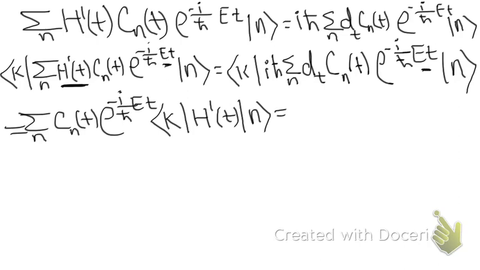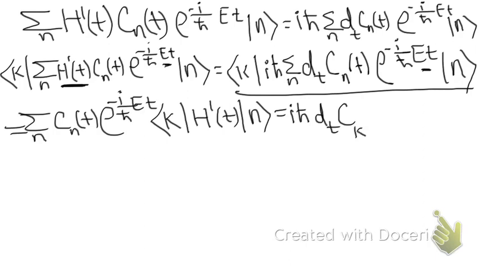And on the right-hand side, using the orthogonality condition, we are going to use the orthogonality now from here, and what this quantity over here will become is, we can write it down now as iota h bar d/dt of my c_k of t, not n but subscript k of t, right?